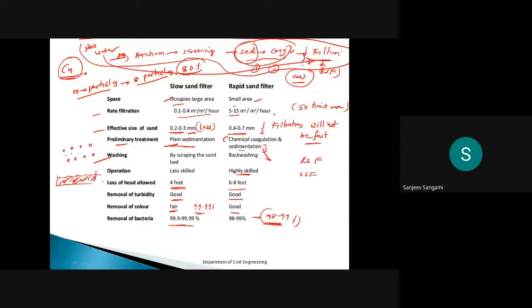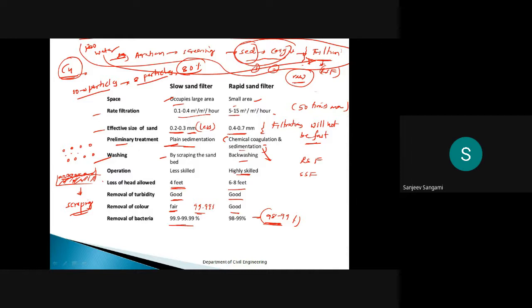Here we have a scraping mechanism. If any particles accumulate, they will be removed with the help of the scraping mechanism in the slow sand filtration process. Here it is backwashing. I already explained how the backwashing works in the rapid sand filtration process.